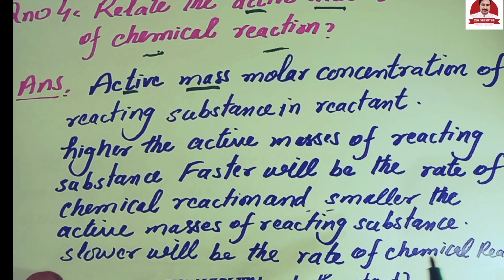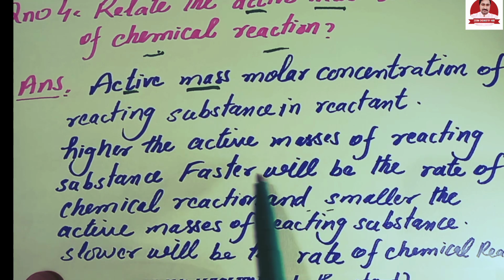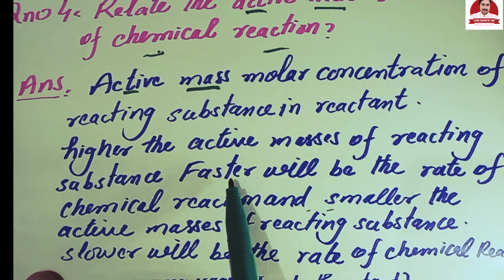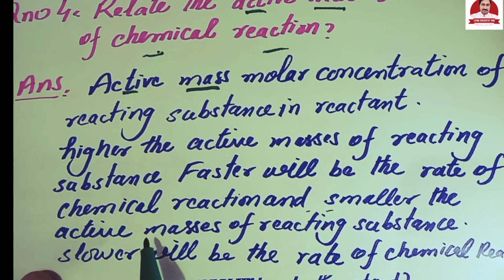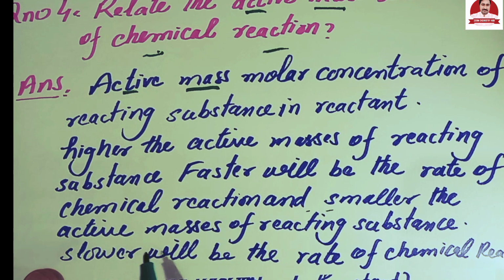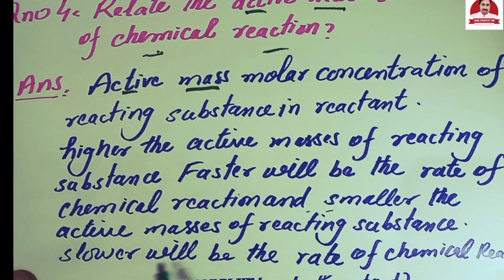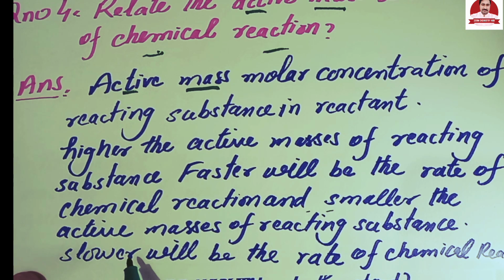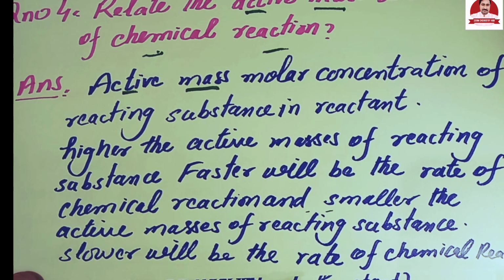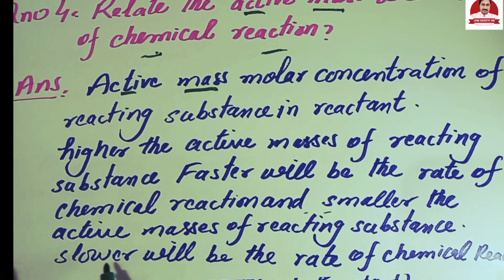Mean to say, if the active mass concentration is higher, the reaction will be faster, and if the active mass concentration is low, the rate of chemical reaction is also slow.